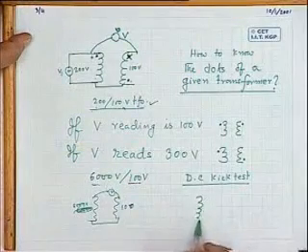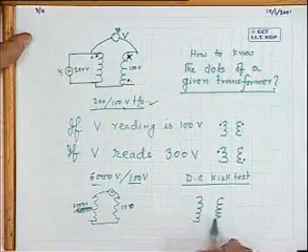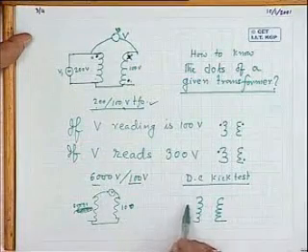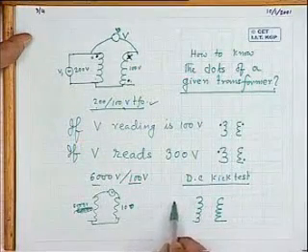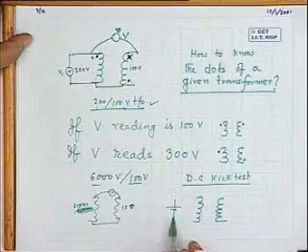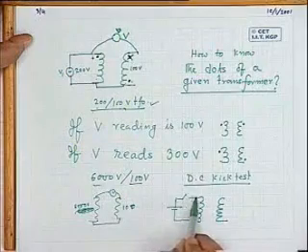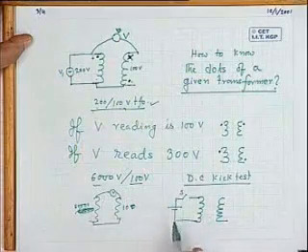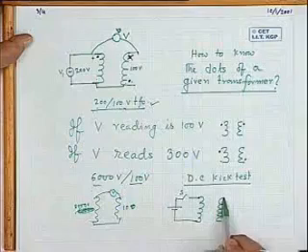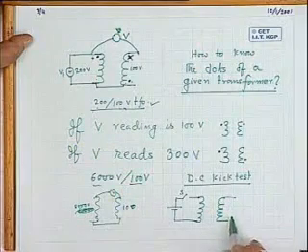It can be incorporated. What you do here, you take the transformer. Instead of applying AC, you have some DC source and connect it with a switch.